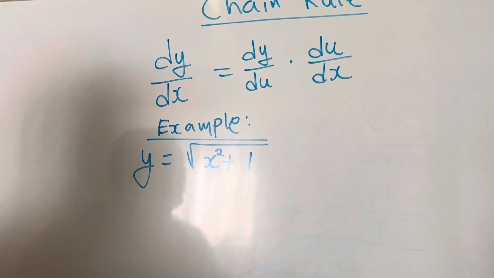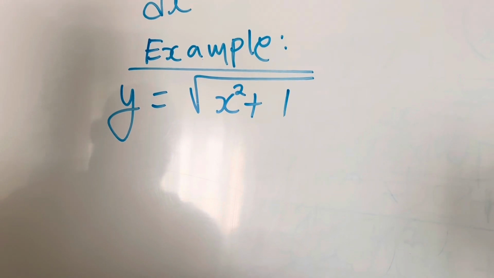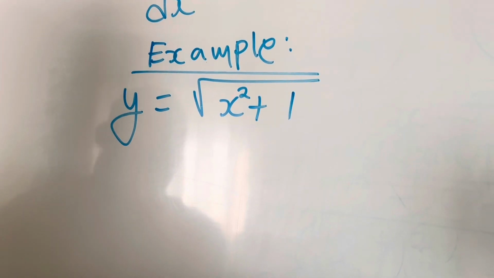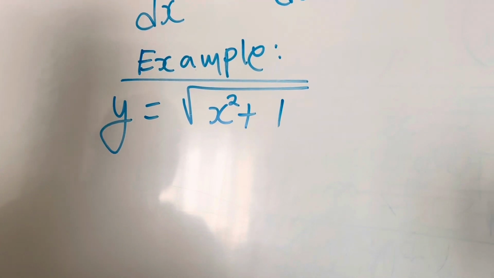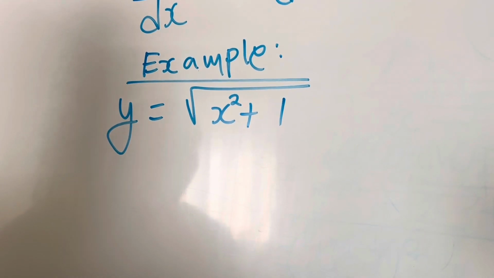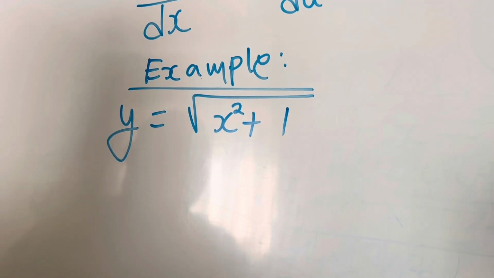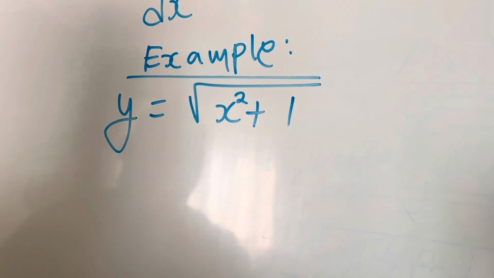So let's look at this example on finding the derivative of this question. You are given y equal to the square root of x squared plus 1. The question is asking you to find the derivative of this function.